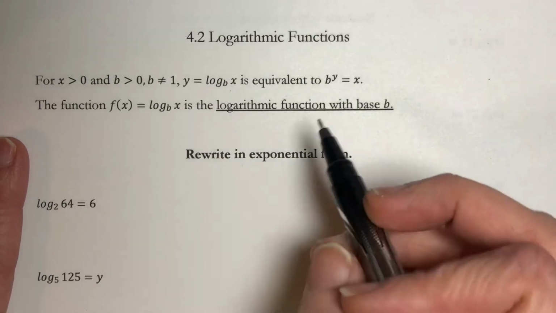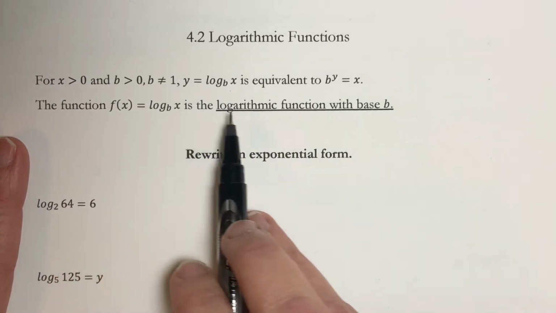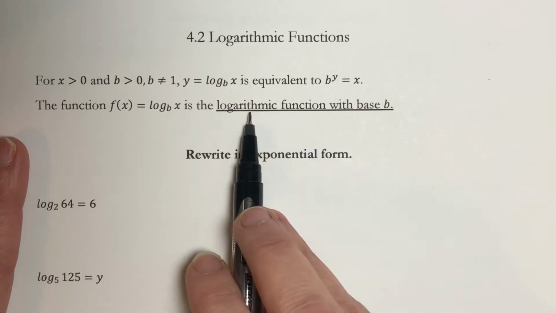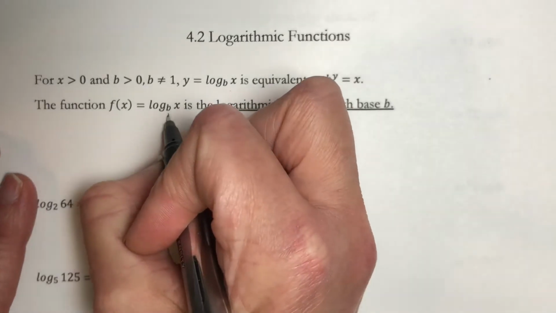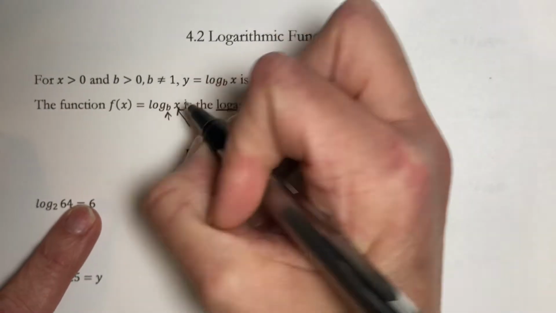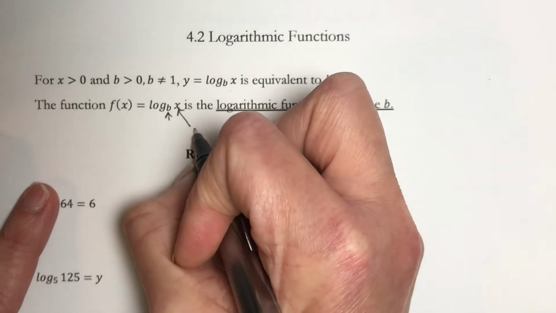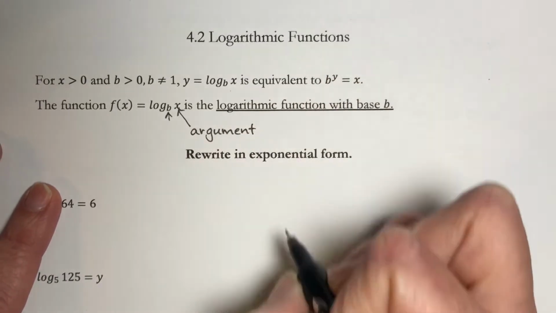Okay? So the function f of x equals log base b of x is called the logarithmic function with base b. Now obviously that b is called the base, but what goes right where that x is, this is called the argument of the logarithm.